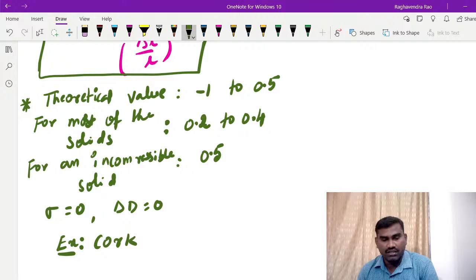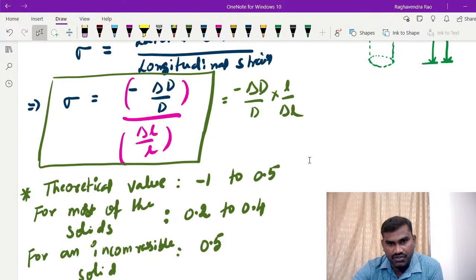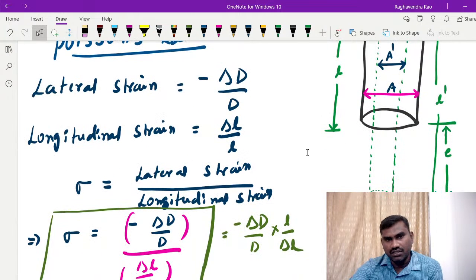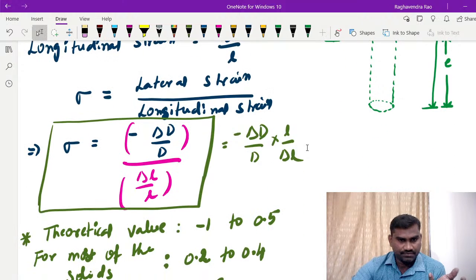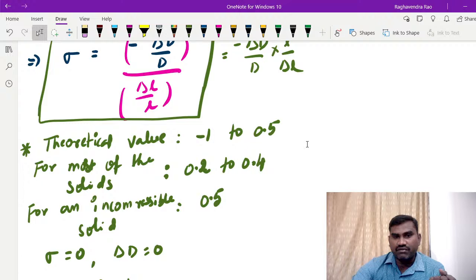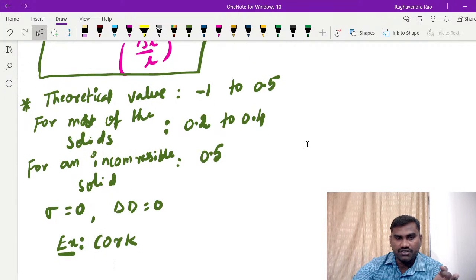To recap, the theoretical value lies between minus 1 and 0.5, the practical value for most solids is 0.2 to 0.4, for an incompressible solid it is 0.5, and sigma is 0 for cork, which has no change in diameter even with an increase in length of the wire.